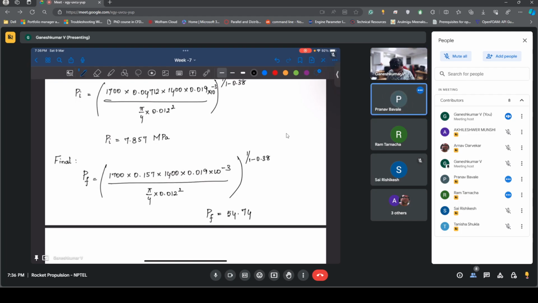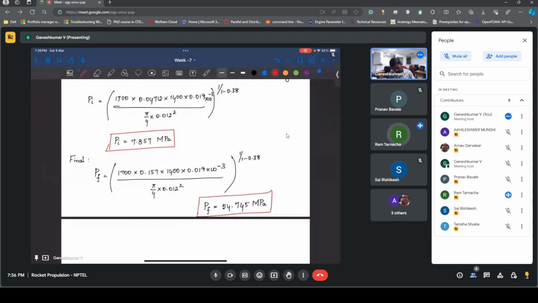54.745 megapascal. So we can clearly see that the pressure, as Ram sir was telling, keeps on increasing. Can you guys guess why the pressure will increase for a cylindrical grain? SB is increasing.